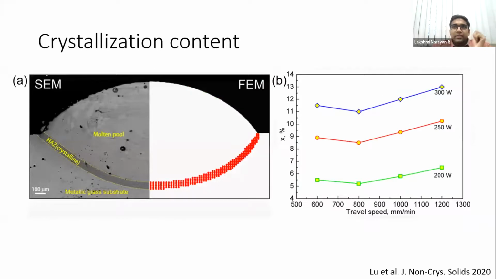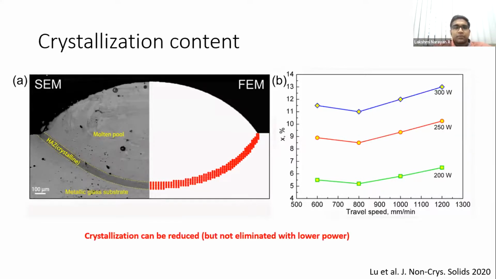And if you look at the crystallization content, it also varies with the power of the laser that we use. Okay. So I'm considering 3 different powers. If I look at 200 watt, 250 watt, and 300 watt, whatever power or speed combination you use, crystallization is unavoidable because you have reheating which occurs during the second scan or formation of the second layer over the bed. So we have to live with it.